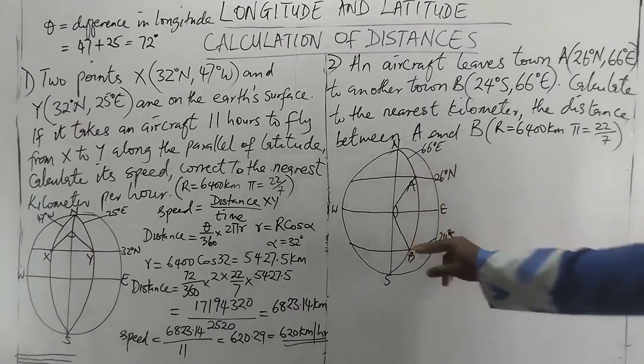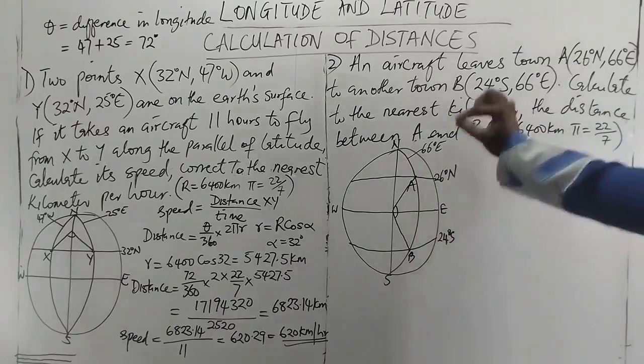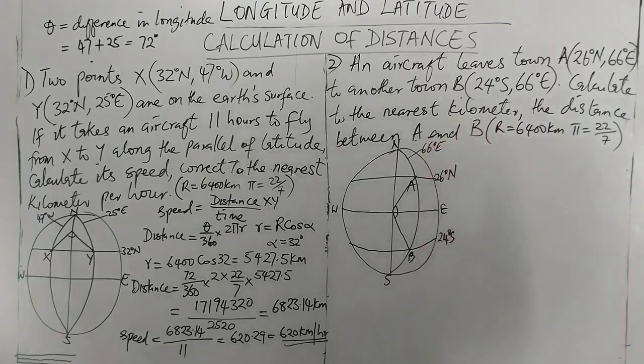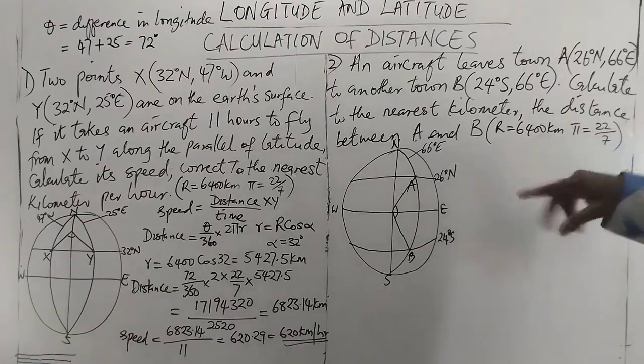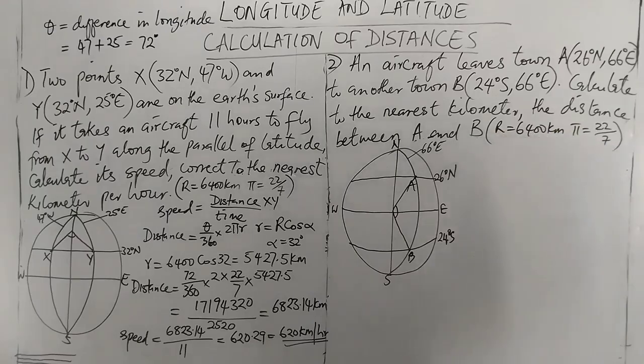Because it's on the same line of longitude, the distance we'll be looking for is the distance along the line of longitude. And all lines of longitude are great circles, including the equator. They have a common radius, which is the radius of the Earth, 6,400 kilometers.